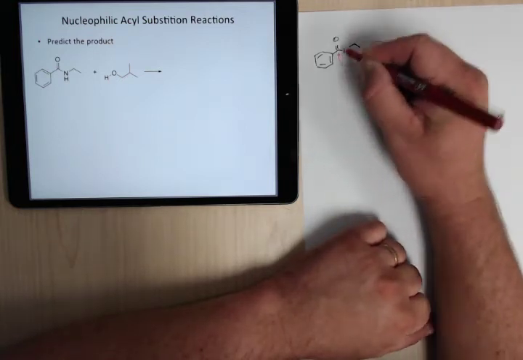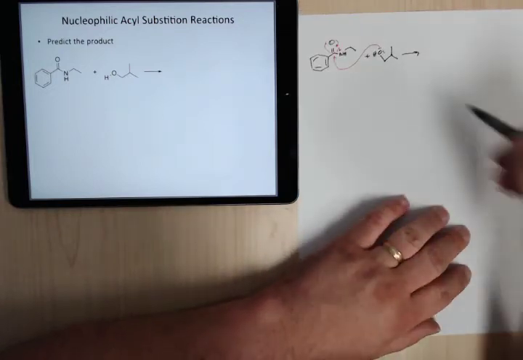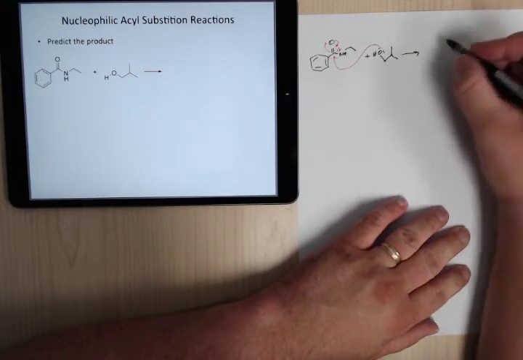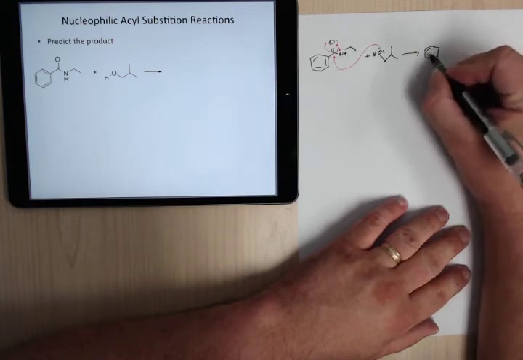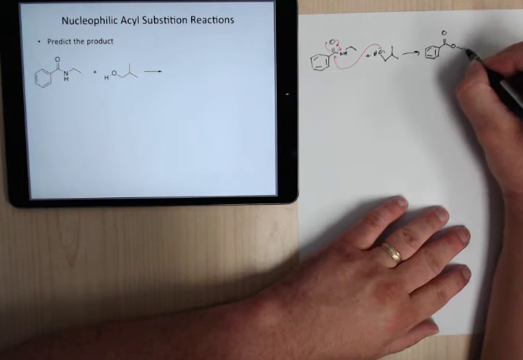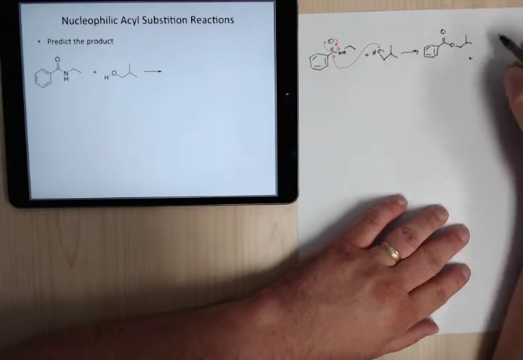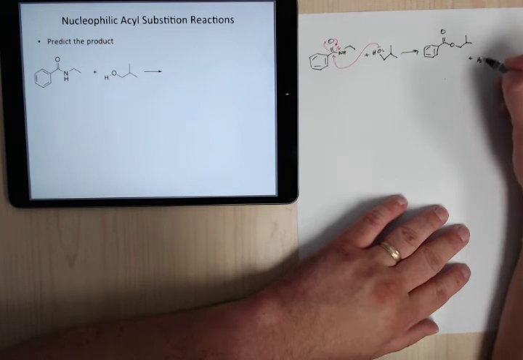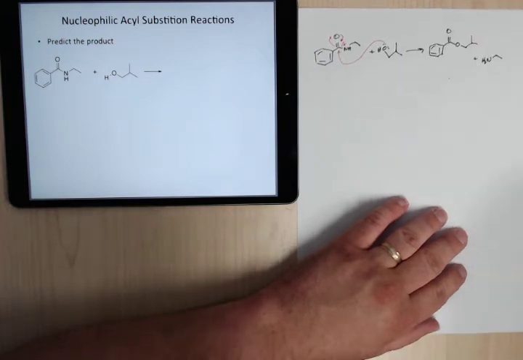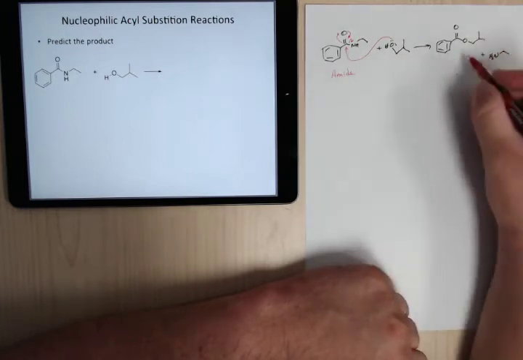It's going to attack here, up, down, kick away. And again, as this is leaving, it's going to snag that hydrogen. Plus H2N, like that. So here we're going to say, okay, this is an amide. This is an ester.